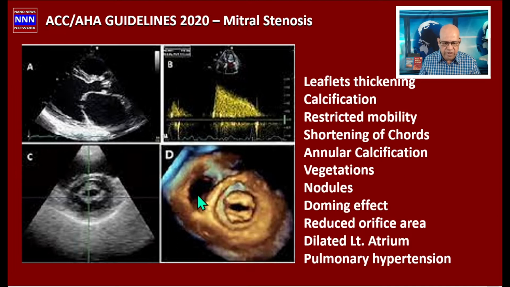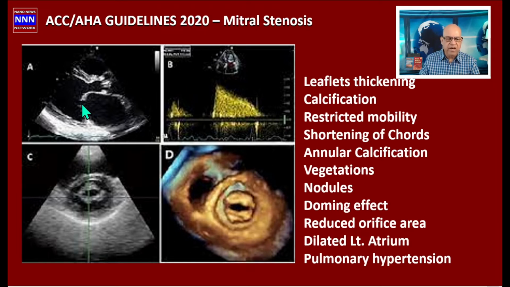And of course, when you do the planimetry, either using a short axis of 2D or a three-dimensional echo, we can get the mitral orifice. The smallest mitral orifice we get should be the number that is used. The reason I say that is because if you measure the mitral valve orifice here, it is going to be much larger compared to if you measure the mitral valve orifice here.